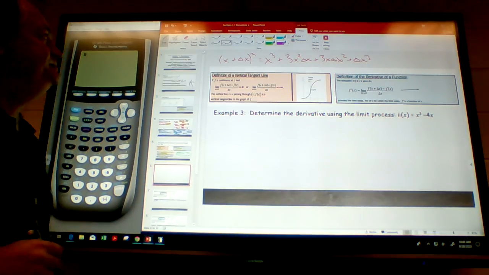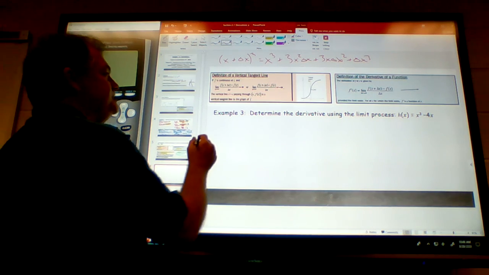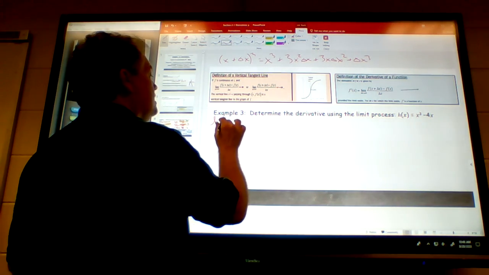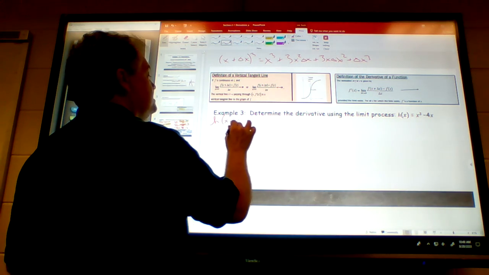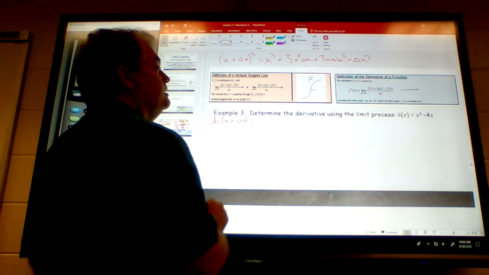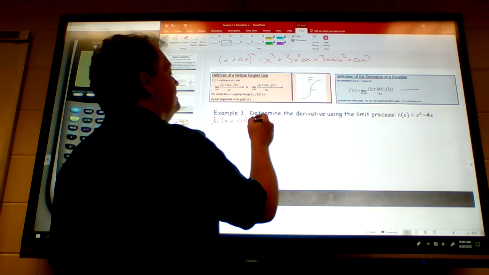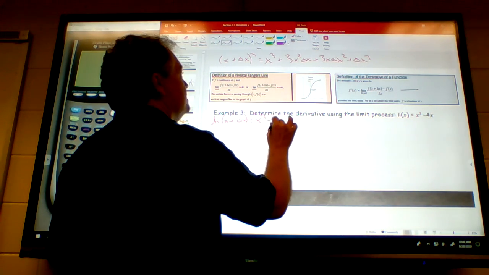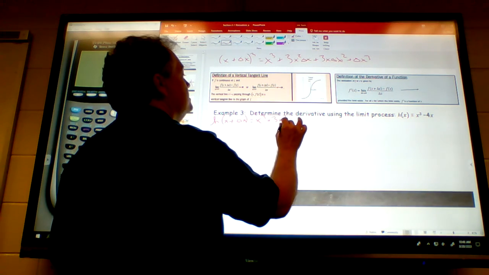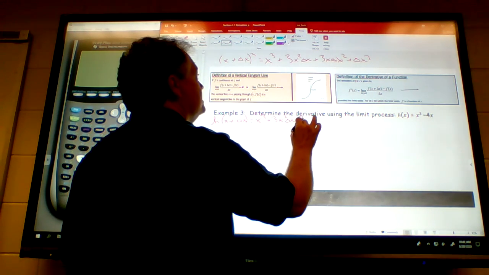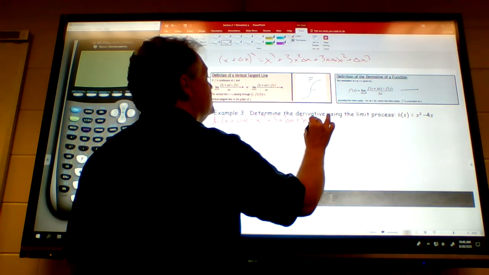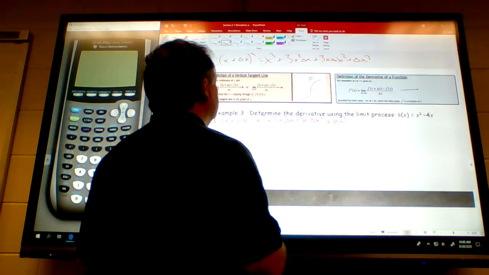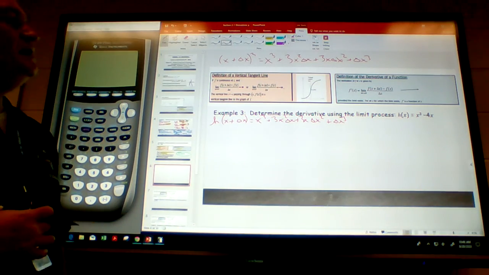You need to know that. All right, so h of x is what you see there. So h of x plus delta x is going to look like the following, which is x to the third plus 3x squared delta x plus 3x delta x squared plus delta x to the third. That's what it looks like.